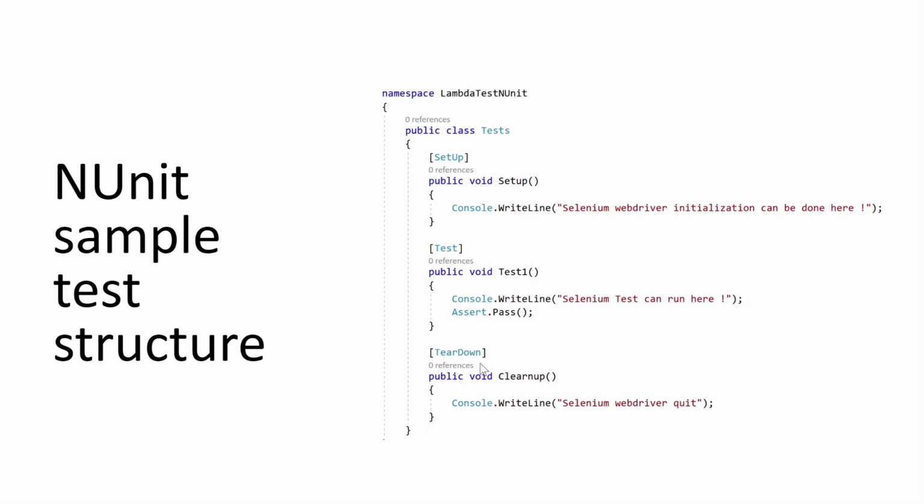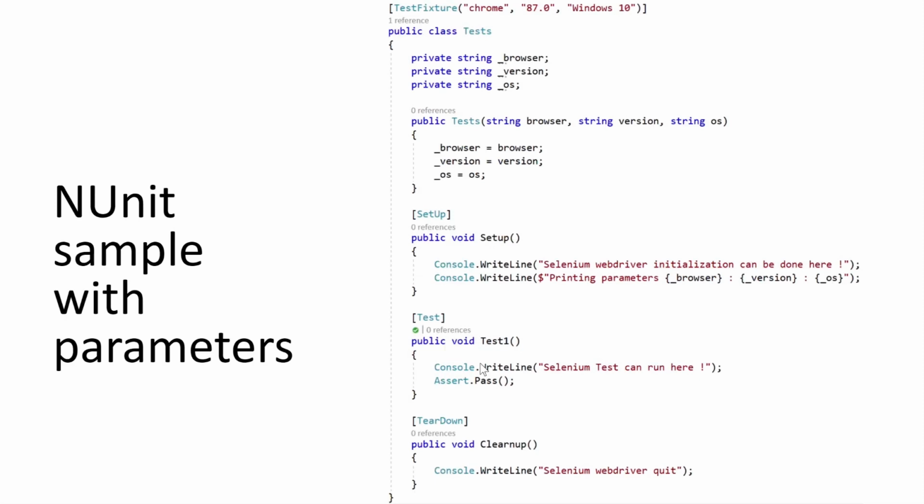But if we're going to have a different fixture level or parameter level within our NUnit test, then the code is going to look something like this. As you can see, within this test, we have something called a test fixture with different parameters in it, like Chrome, version of the Chrome, and the operating system like Windows 10, something like that.